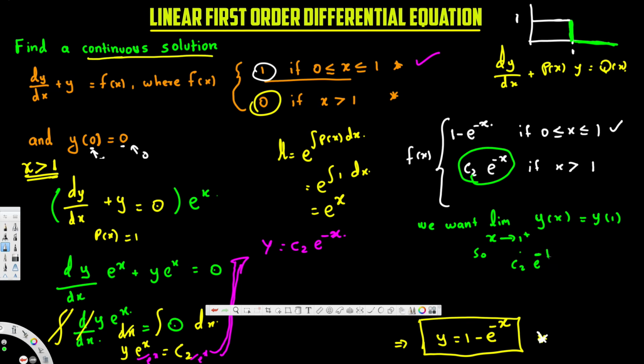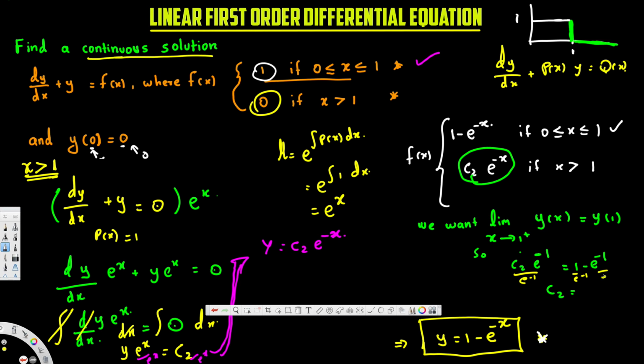So this is going to be negative 1. And on the other side, y of 1 we already found out, that is 1 minus e^-1. Now from this one we can solve for c2. If you solve, this is going to be 1 over e^-1, because we have to divide everything by e^-1 to find out this equation for c2.